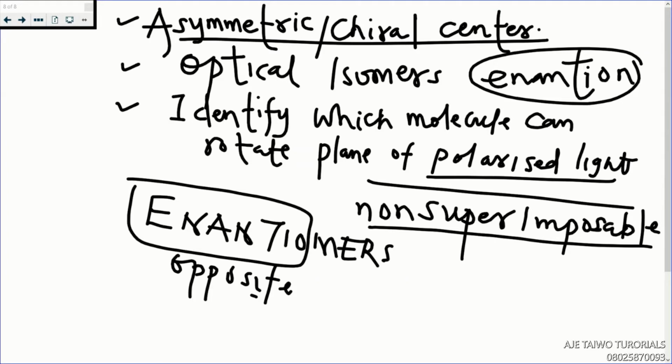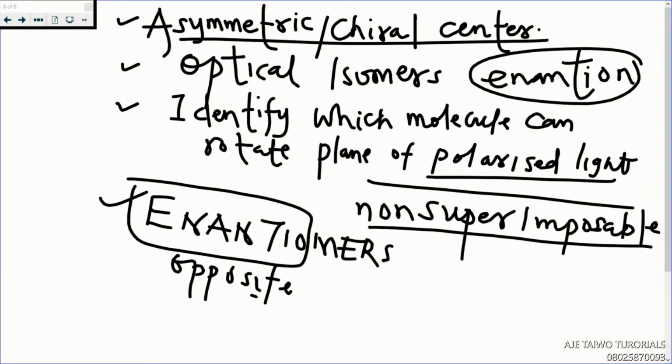So they can ask you, define enantiomers. If two molecules are mirror images of one another, we call them enantiomers.